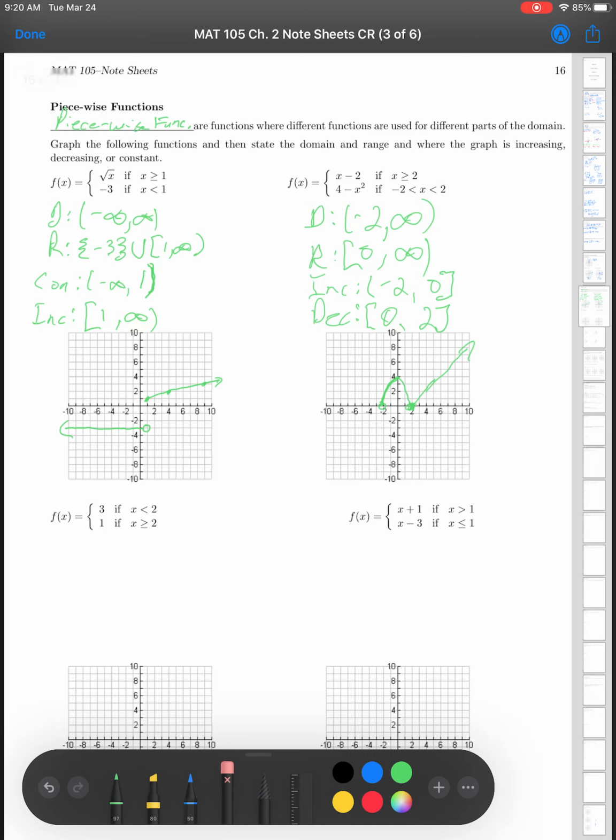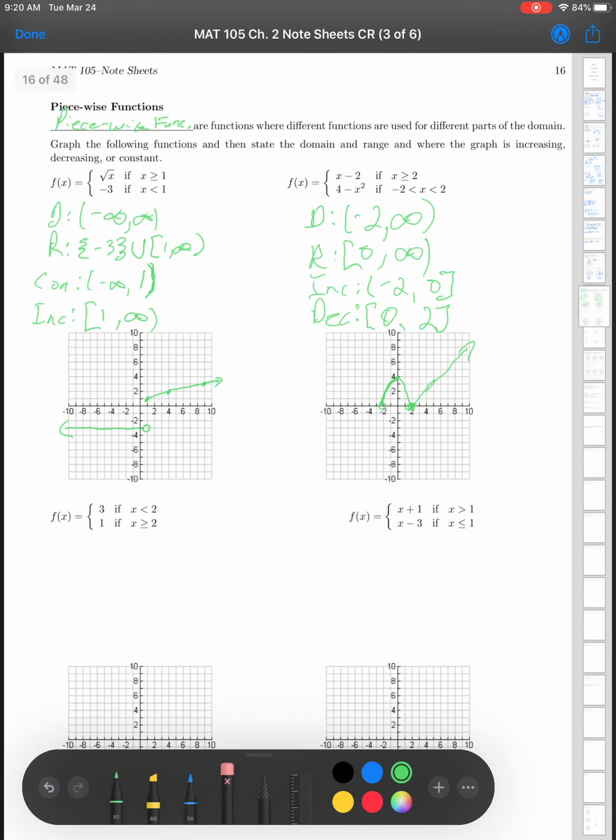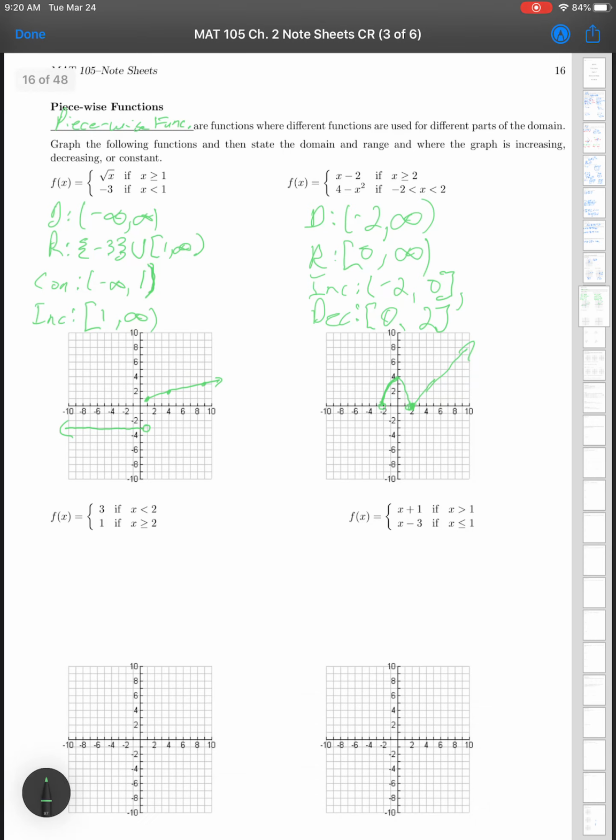But notice positive 2 got filled in. So we can include that with a bracket. And then it increases from 2 to infinity. Okay, so that's the idea there.